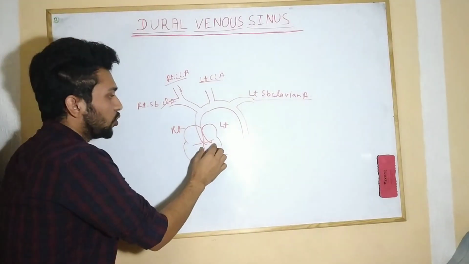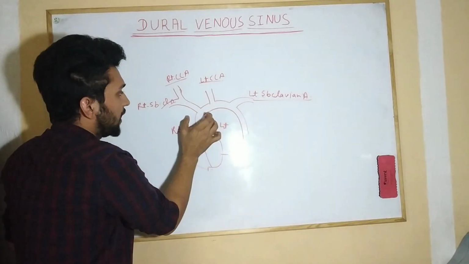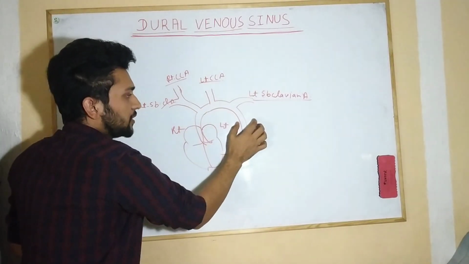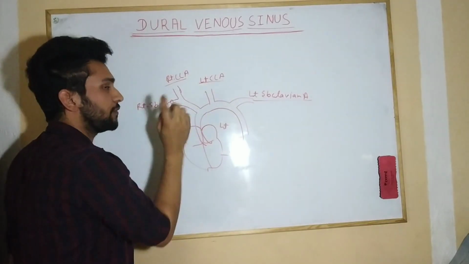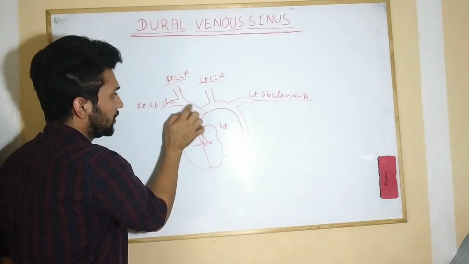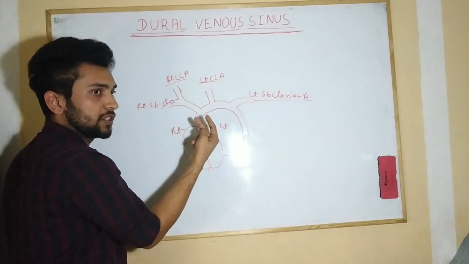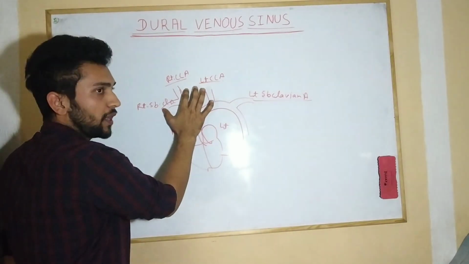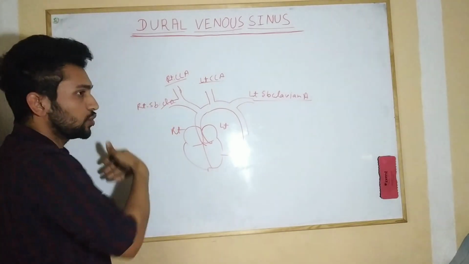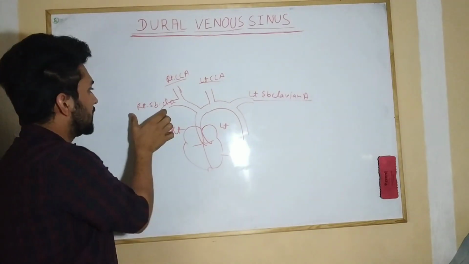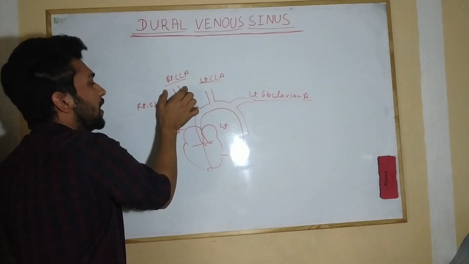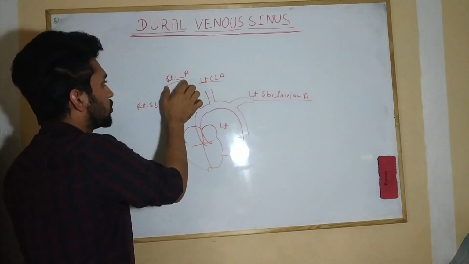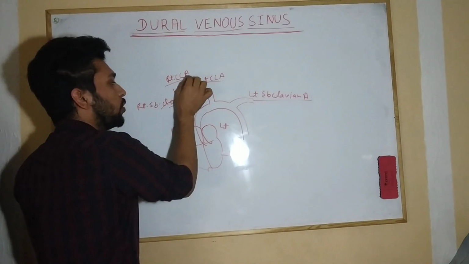The aorta has three parts: the ascending aorta, the transverse aorta, and the descending aorta. This is the arch of the aorta. The first branch is the brachiocephalic trunk, which further divides into two branches. The right side goes into the right arm, and that is called the right subclavian artery, and the one which goes up and enters the brain is called the right common carotid artery.